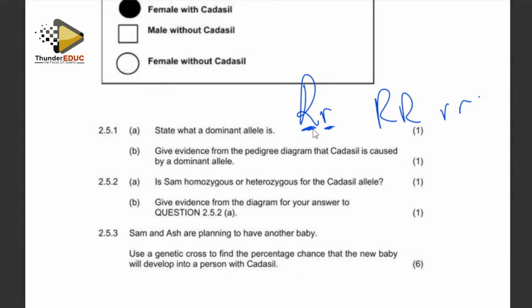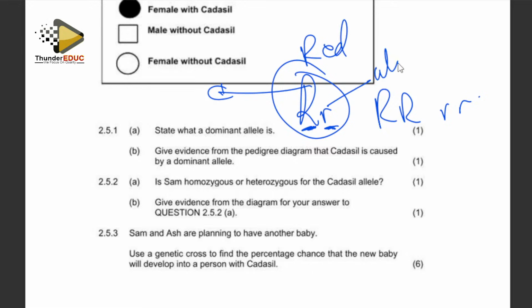So when you look at capital R completely dominant over small r, it means that this person will be capital R. If capital R is for red and small r is for white, this person is going to be red. So the dominant allele always masks the presence of a recessive allele. That's why you say that a dominant allele is one which expresses itself in the presence of a recessive allele, in a heterozygous state. I think you are getting it right.